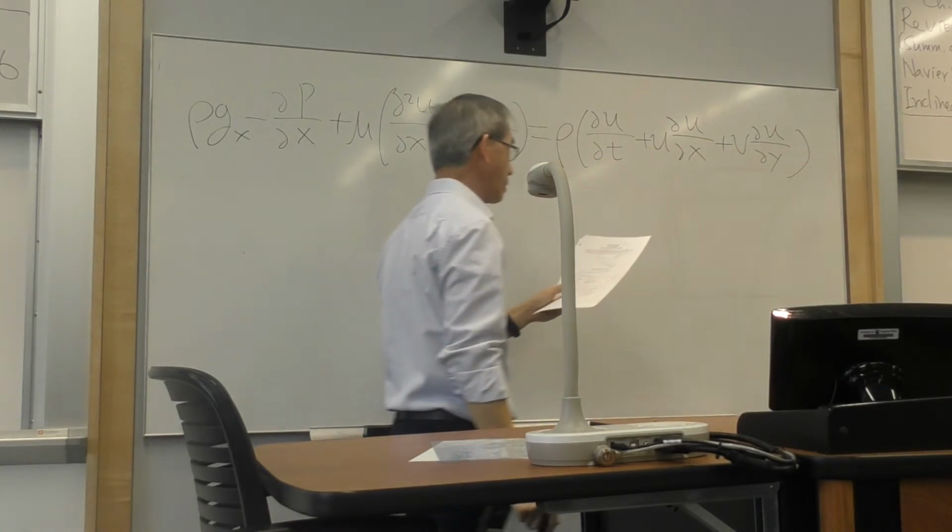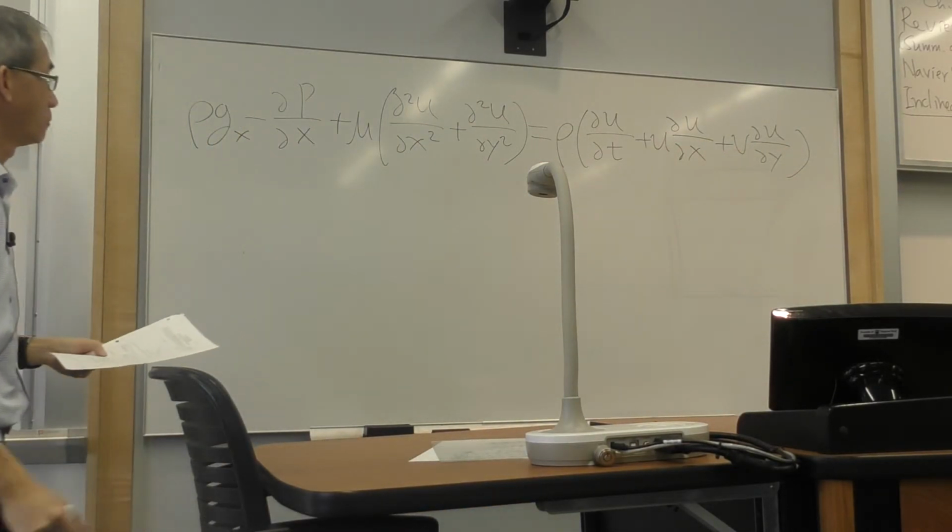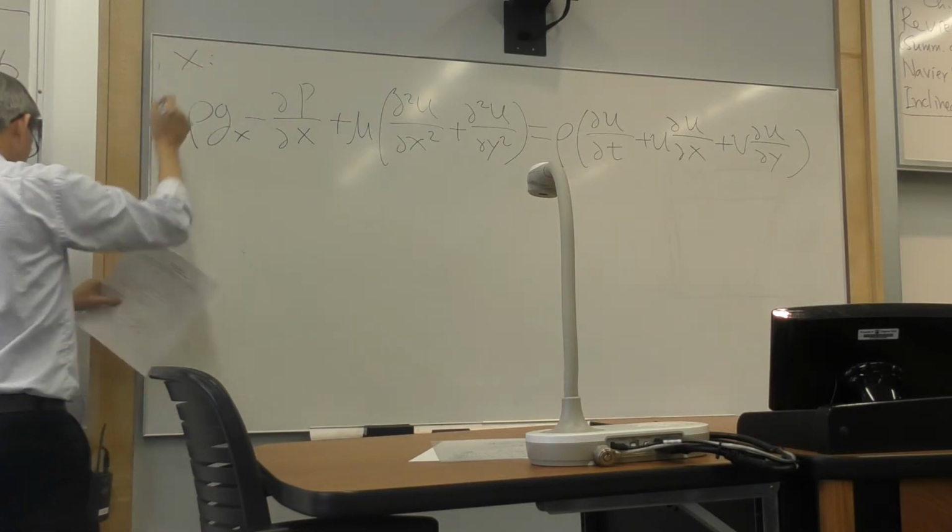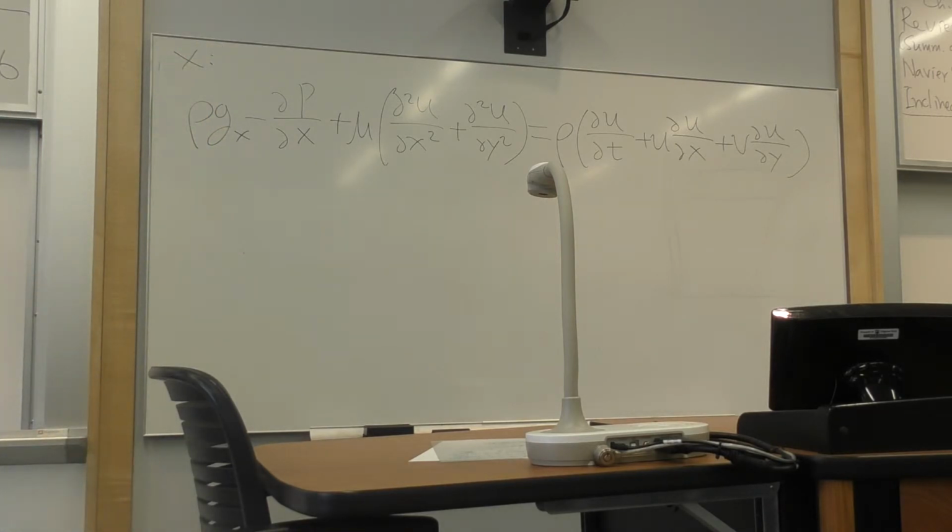So here's the y equation. Sorry, I keep using the wrong word. This is the x equation. And the remaining 2 minutes, I want to show you what you can do to simplify it. And you're going to do the same thing for the other equation in the y direction as an assignment. And that's all. You don't have to do anything beyond that. Just to see what can be tossed out and why.